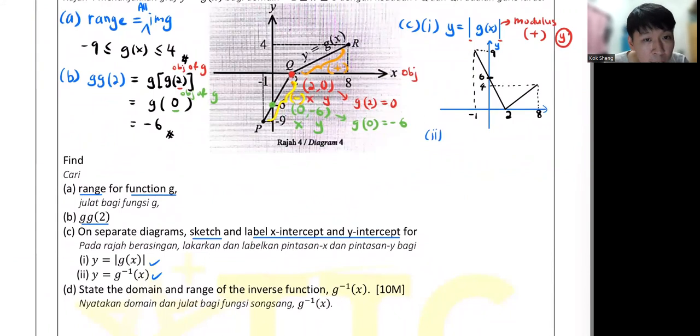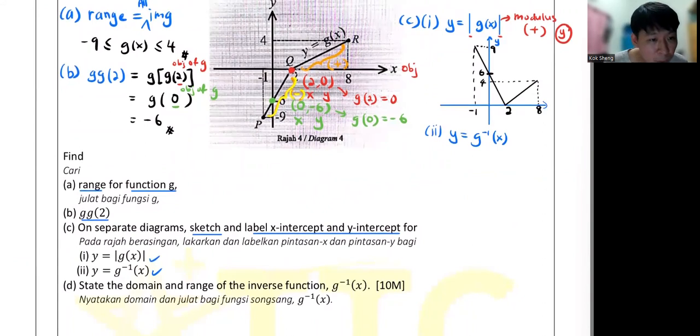Now C2. One more graph to go. C2 will be drawing the graph of the inverse.